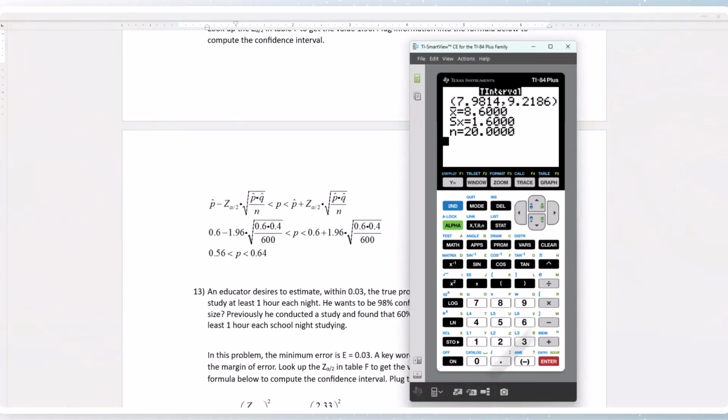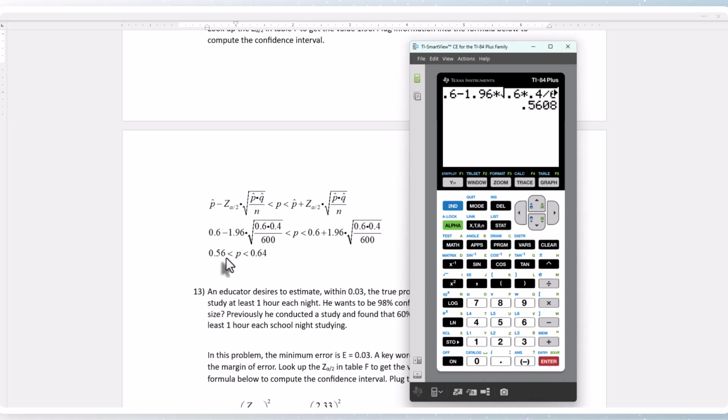So let's type it in the calculator. We have 0.6 minus 1.96 times the square root, and I just type everything inside the square root. So it's 0.6 times 0.4 divided by 600. Enter.